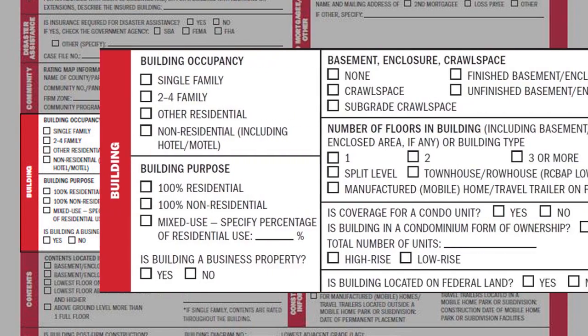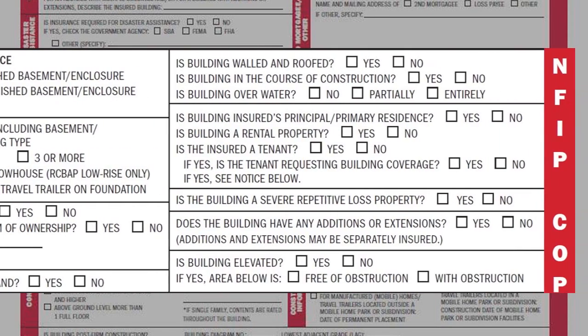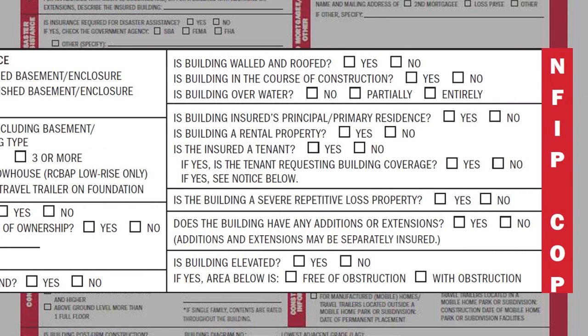On the right-hand side of the building section, we find the question, is the building a severe repetitive loss property? Check Yes if the building is an SRL property, otherwise check No. If yes, the application must be sent to the NFIP Special Direct Facility for processing.